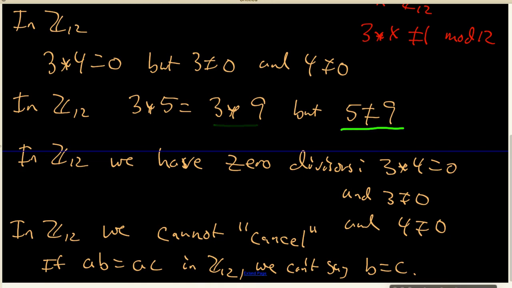So what I want to do now is I kind of want to formally define what a zero divisor is, and then we'll look at one more example. So let's let R be a ring.